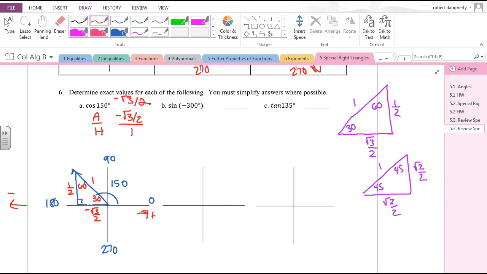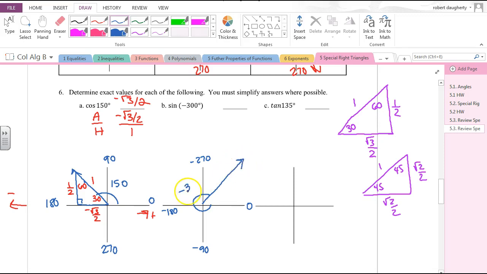Now to find the sine of negative 300. First step is to draw the angle of negative 300. So with negative direction, that's 0, minus 90, minus 180, minus 270. So negative 300 is going to be this direction, okay?